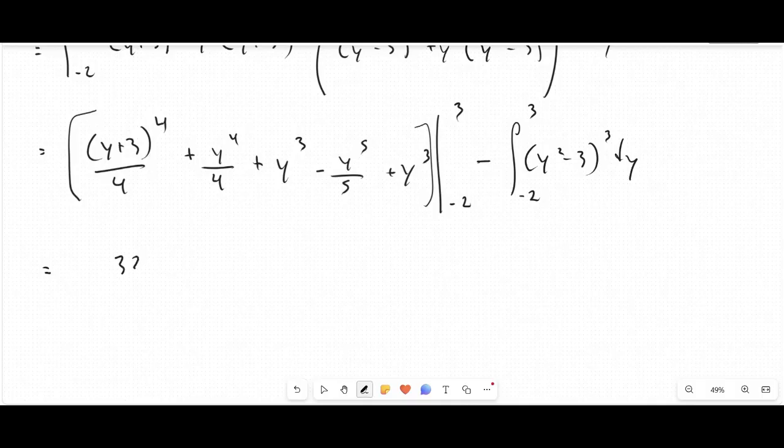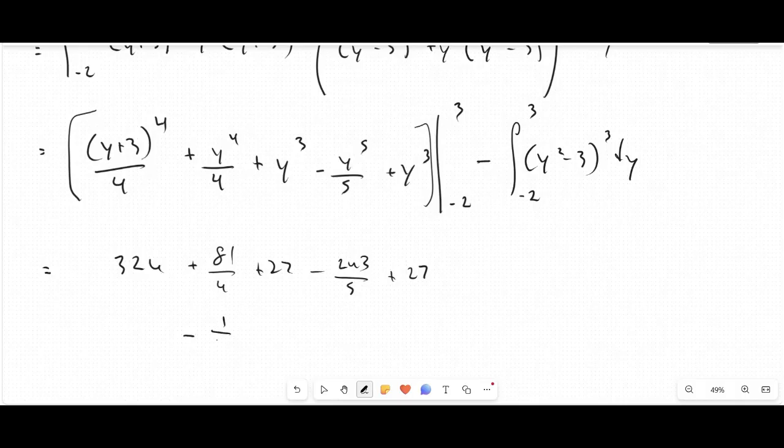All right, this is 324 plus 3, 9, 27, 81 over 4 plus 27 minus 243 over 5 plus 27 minus -2 plus 3 is 1.